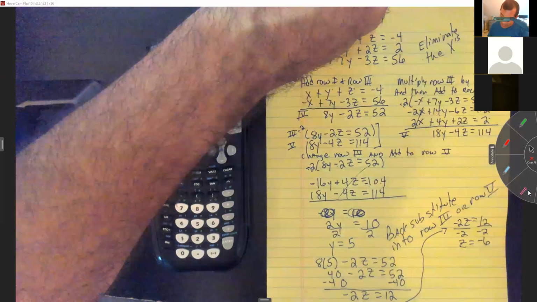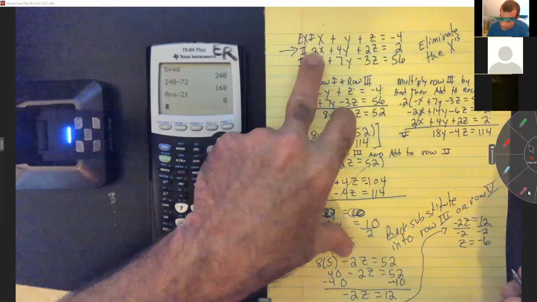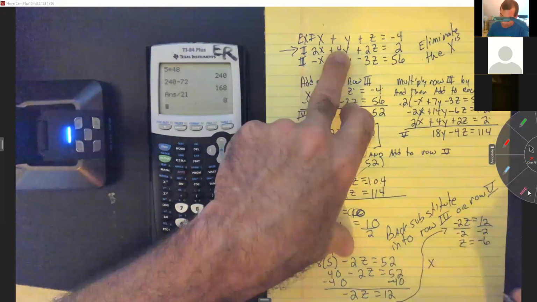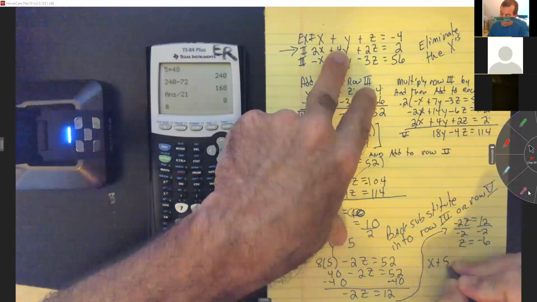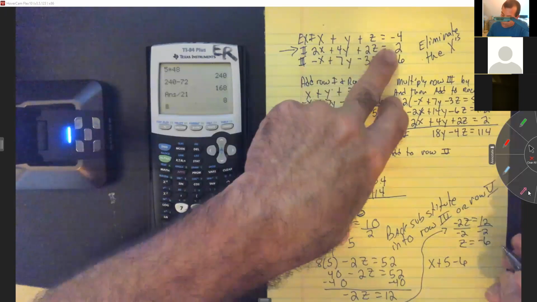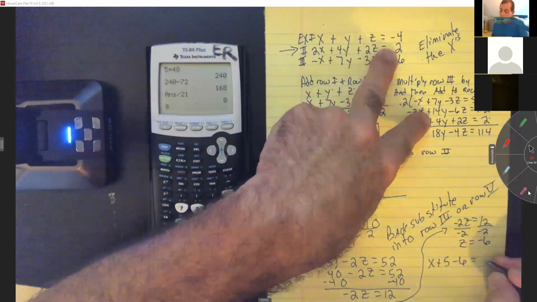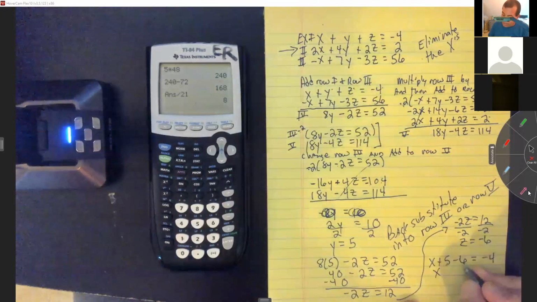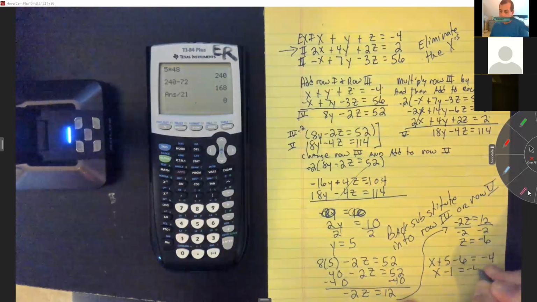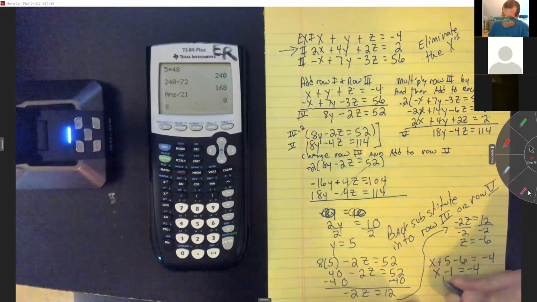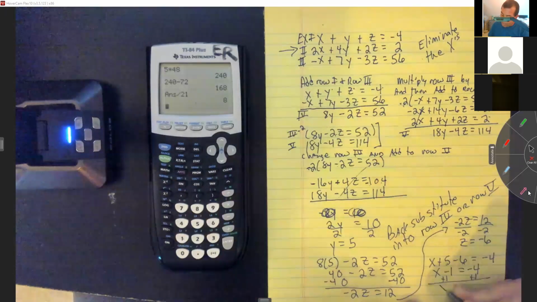So I got an x, which I don't know, plus a y, which I did know. Where was y? 5. Plus my z, which I know, which is a negative 6. All that's got to equal negative 4. All right, y'all, so 5 and negative 6 will give you negative 1. And then the final step will be add 1 to both sides so that x is a negative 3.